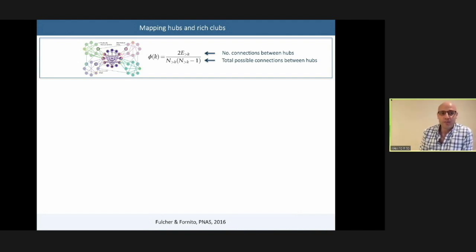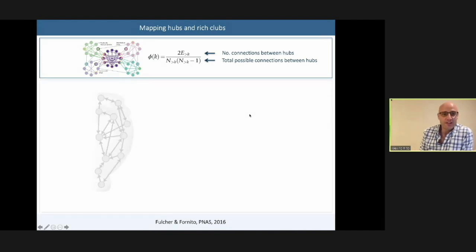We can determine whether a network has a rich club or not using this phi coefficient here, what we call the rich club coefficient. And this is just the density of connections that we see in the network between the hubs. Now, the critical variable in this equation here is K, and K is our threshold for defining hubs. So should we take a node with more than 10 connections as a hub, or 20 or 50? It's unclear. And so we compute this value across a range of plausible thresholds.